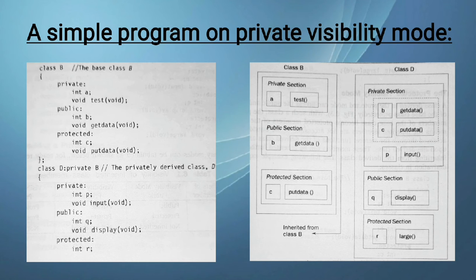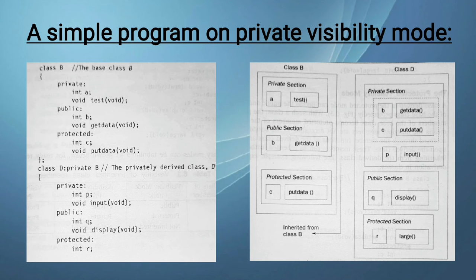The base class can in no way access the members of the derived class, that is int p, int q, int r. Only a derived class can, that is, if there is a class below class D, then it can access this int p, int q, int r.